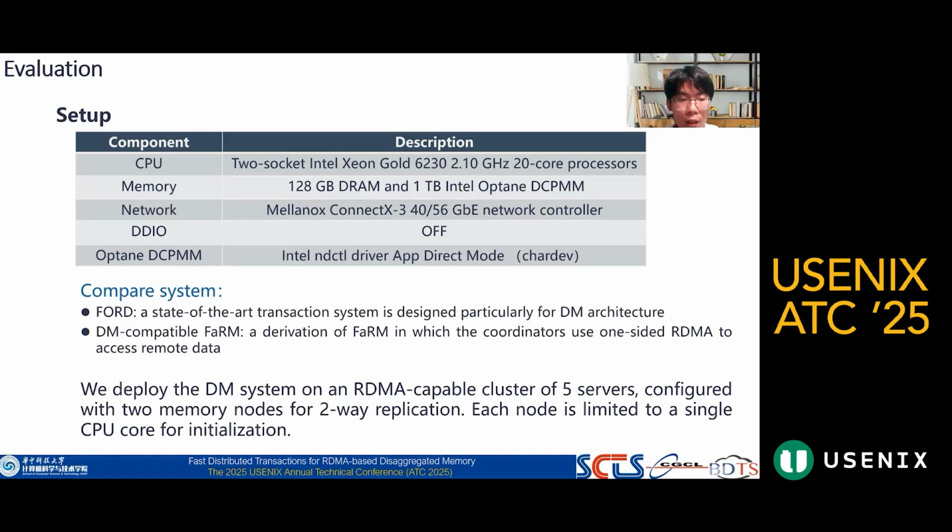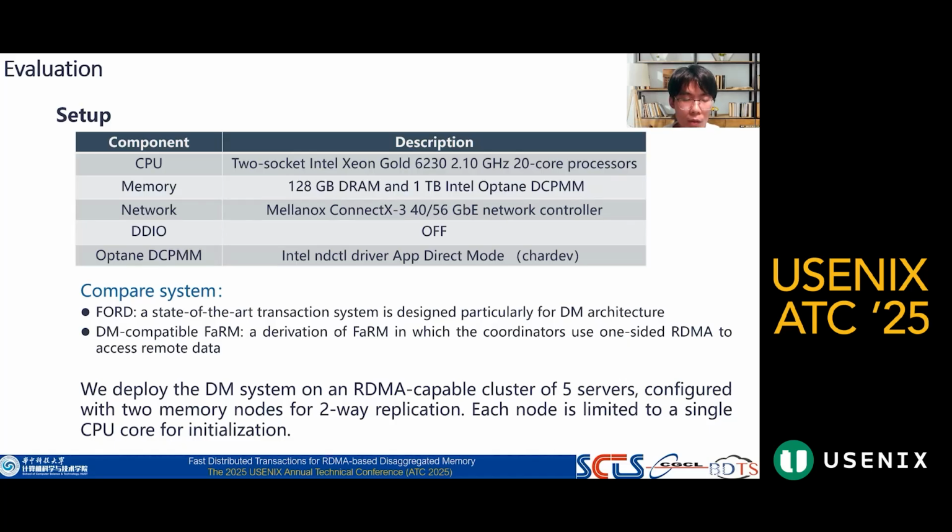We compare HDTX with 2 RDMA-enabled transaction systems, Ford and FARM. The state-of-the-art Ford is designed particularly for DM systems. Microsoft FARM is an in-memory distributed computing platform that uses RDMA-based remote procedure call to process transactions with memory node CPU.